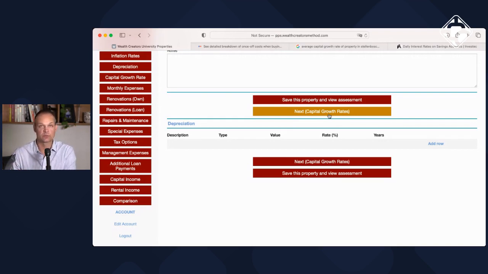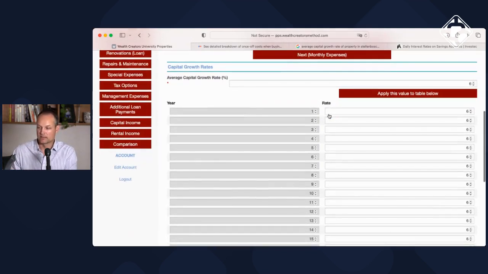The first one was with regards to the depreciation. Remember, from a tax point of view, you are allowed to depreciate certain fixtures in the property. So effectively, you can write off the value of the new stove that you inserted in the rental property over a specific period.